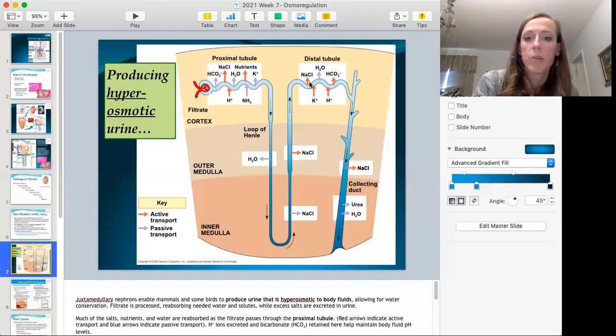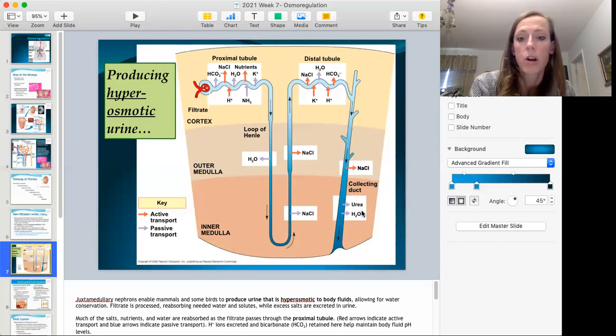And then as the filtrate moves into the distal tubule and the collecting duct, here we get some regulation based on the actions of a few hormones. We're going to talk about those hormones on the next slide. But these are acting to either retain water or retain salts, or a combination of the two, okay?